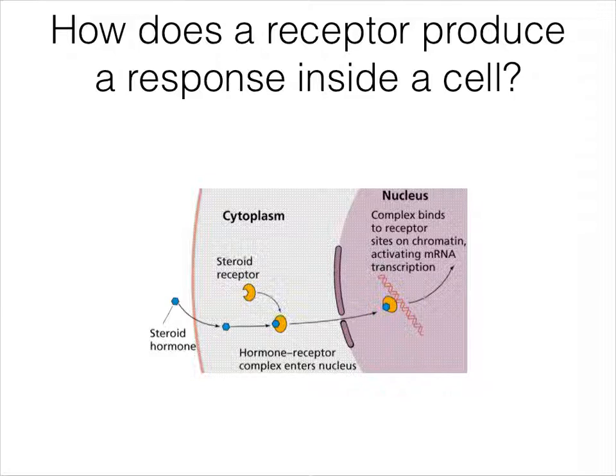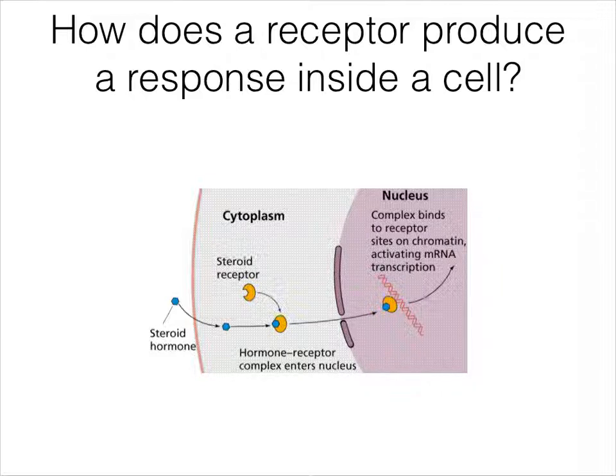This is one of the reasons why steroids are usually a slower response. You do eventually get some very dramatic changes because the cascade, the amplification actually happens after the hormone reaches the nucleus, because when this hormone turns a gene on, you're not just going to make one copy of that gene.